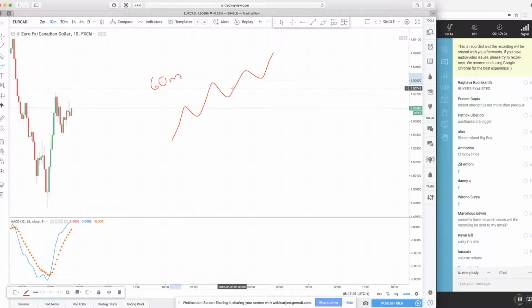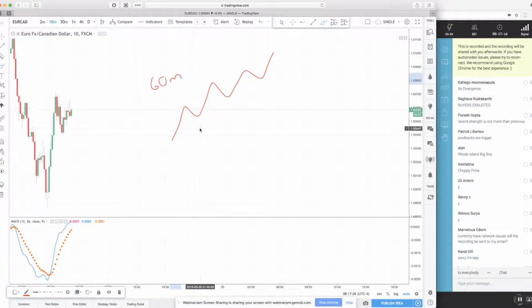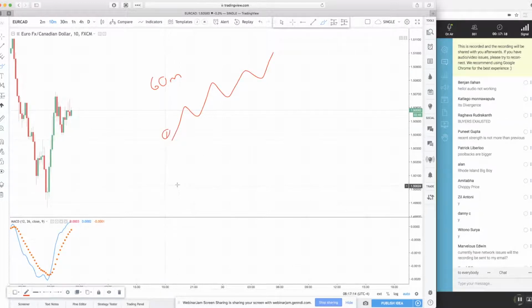Now, if you go down one time frame to the 15, or even go down 2 time frames to the 5, what you're gonna see is this first uptrend is gonna look like this. It's gonna look something like that. Then the pullback, this piece, is gonna start looking like this.